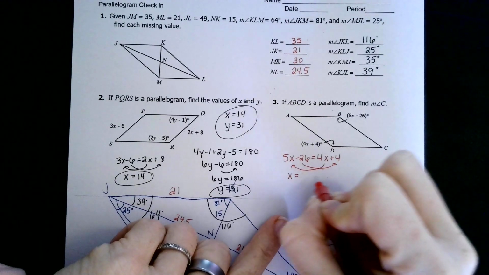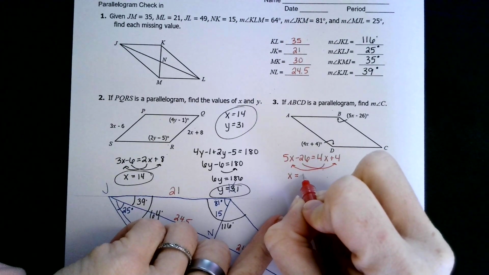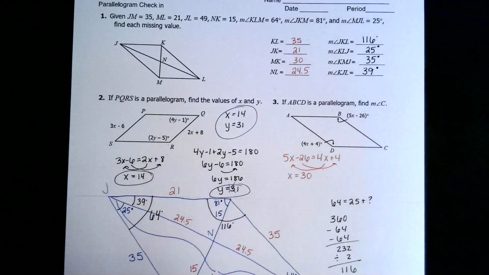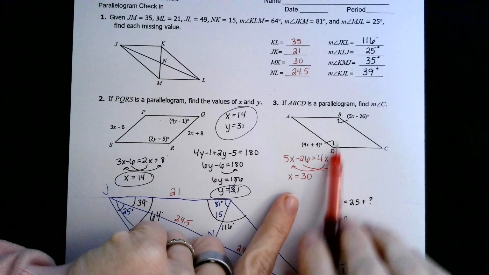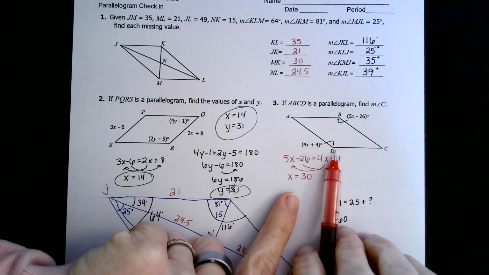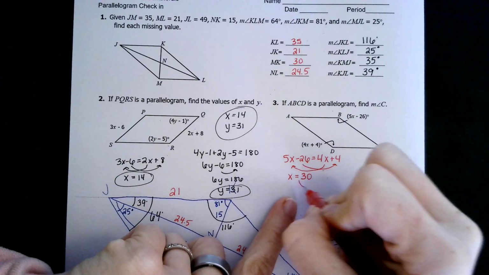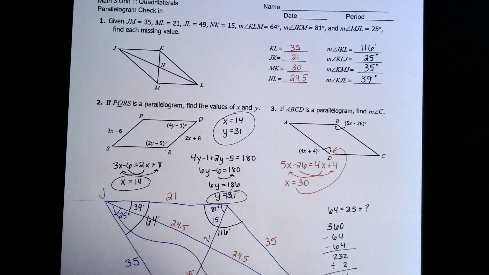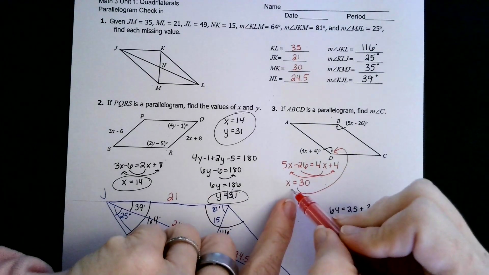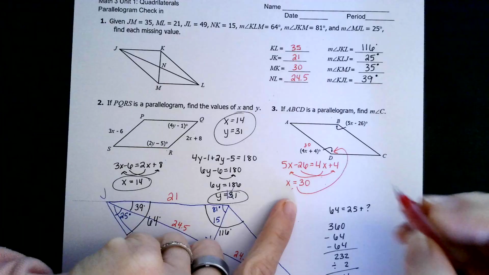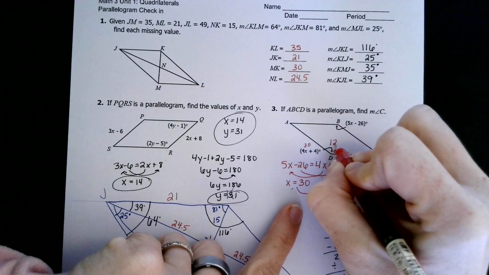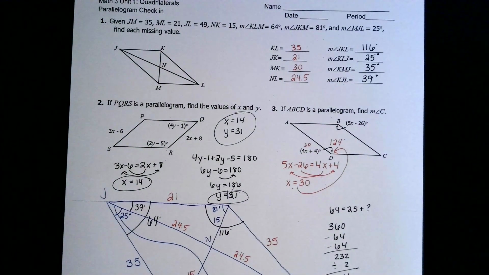So I'm going to have x equals, add 26 to 4, x equals 30. Now I need to solve for what one of these two angles is by substituting 30 in. So I'm going to take this 30 to whichever angle I want. 4 times 30, 120 plus 4 would be 124 degrees.